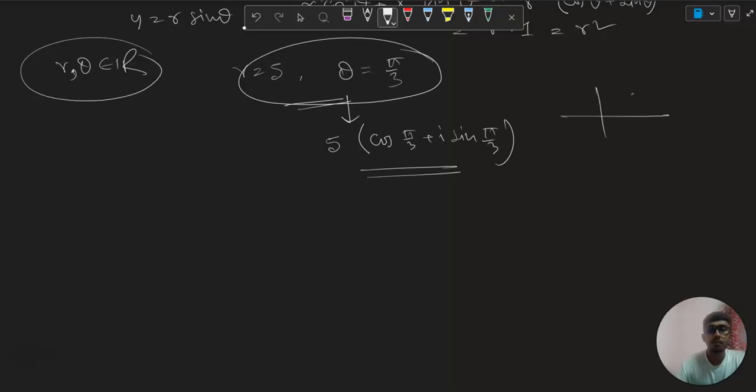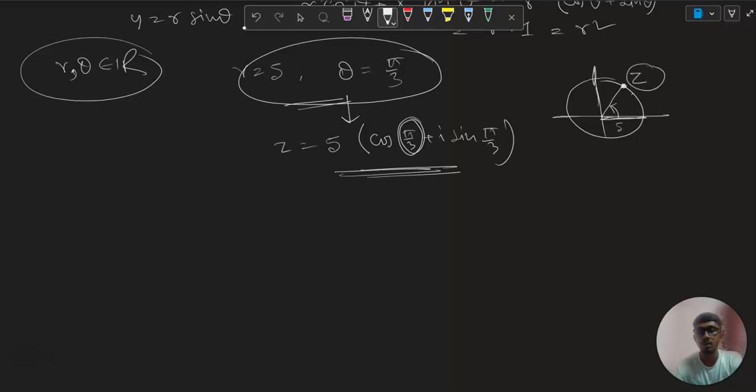Suppose this is the circle of radius 5, and the argument is pi by 3. So this angle could be pi by 3, and this radius is 5, so our point will be this one. This is our z point.